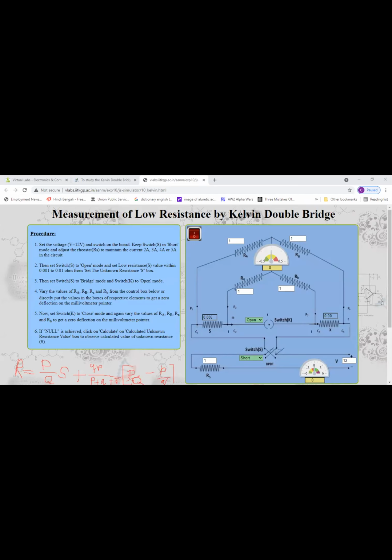So this is the formula to define this unknown resistance R.